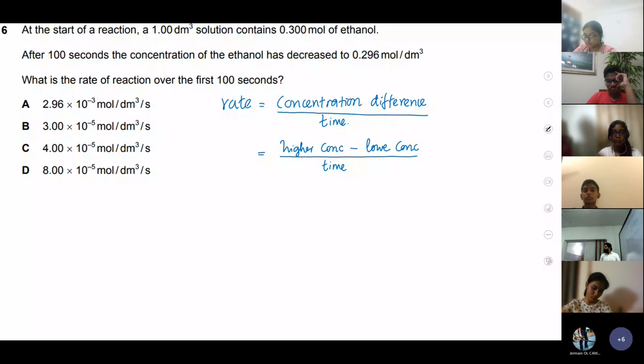Have they given the initial concentration? Haven't they given the initial concentration? Sure. They haven't. Oh, it's very good, very good. You were nodding your head while I was writing first.